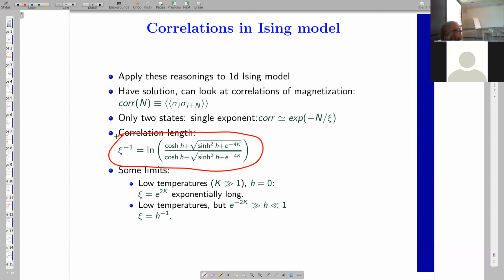Let me look at two physical limits. First, it's a limit of zero magnetic field and low temperatures.